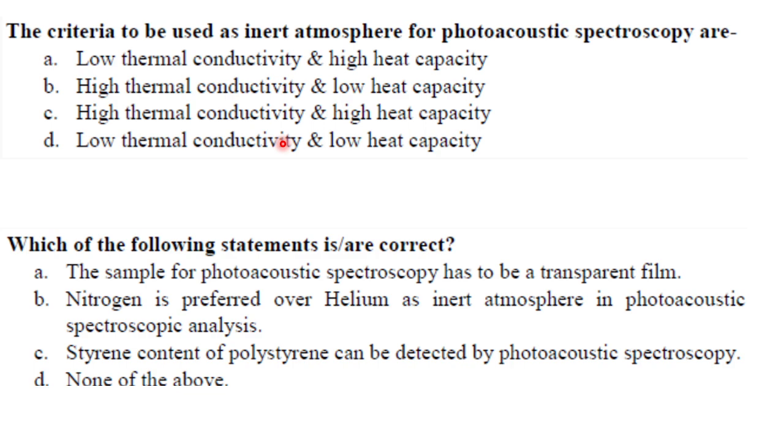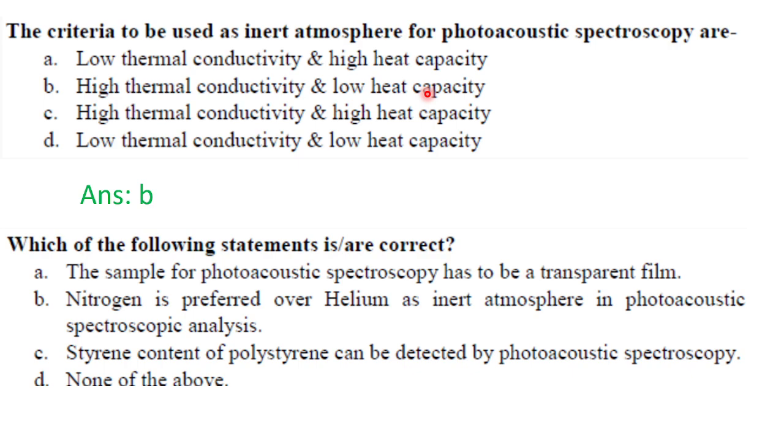Why do we use helium? After interacting with the radiation, your sample will generate heat. That heat will pass through the gaseous molecules, and when they interact with that heat, it should convert to a response immediately. So the option is high thermal conductivity and low heat capacity.